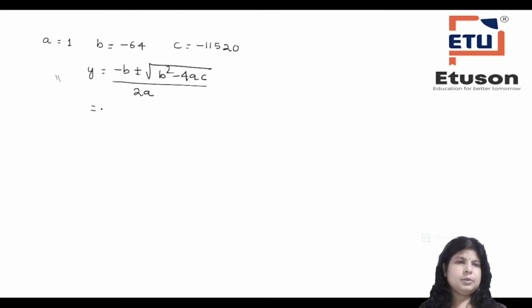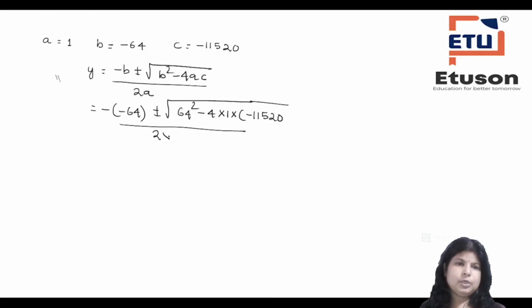So now let us put the values. So minus of minus 64 plus or minus square root of 64 whole square minus 4 into 1 into minus 11520 divided by 2 into 1.